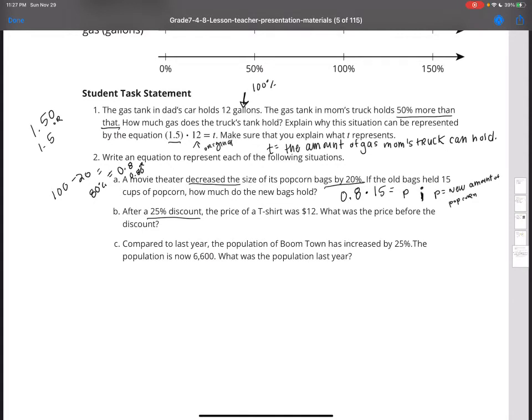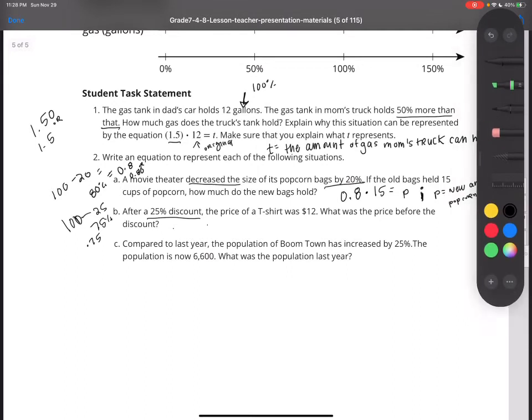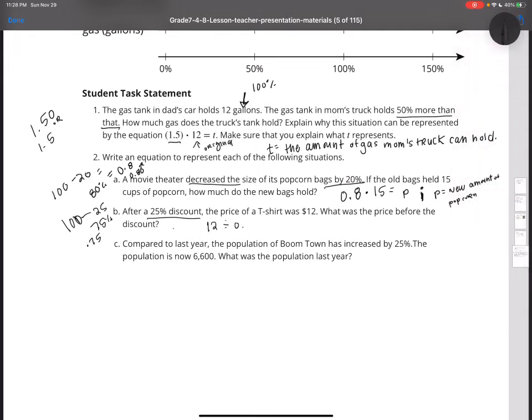But we need to figure out what 25% discounted off is. So 100 minus 25 is 75%. 75% as a decimal is 0.75. Order matters when it comes to division, so we're going to put 12 divided by 0.75, and it should give us the price before.